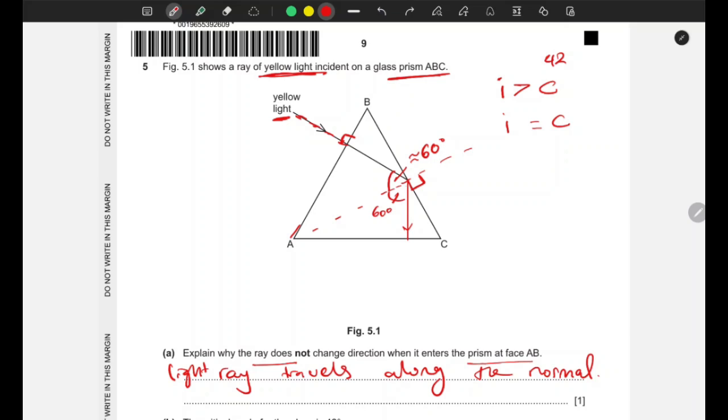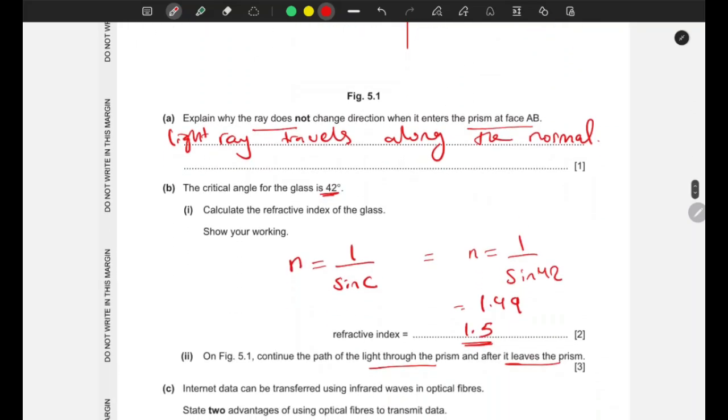Since it's incident, we also have to draw another normal line for line AC. So this line is perpendicular to line AC, which means it would just be a straight line going downwards. No refraction will happen because it's directly on the normal line due to this 90-degree angle formed.